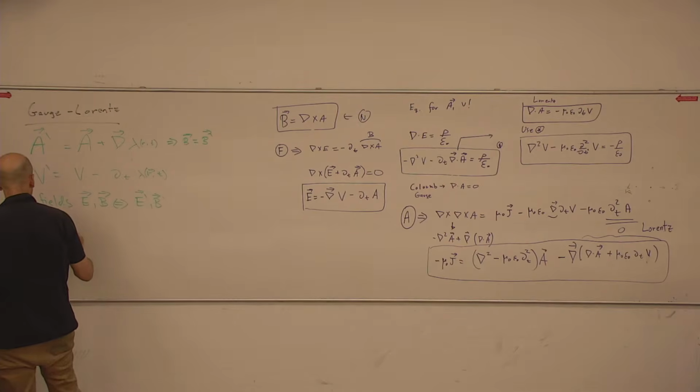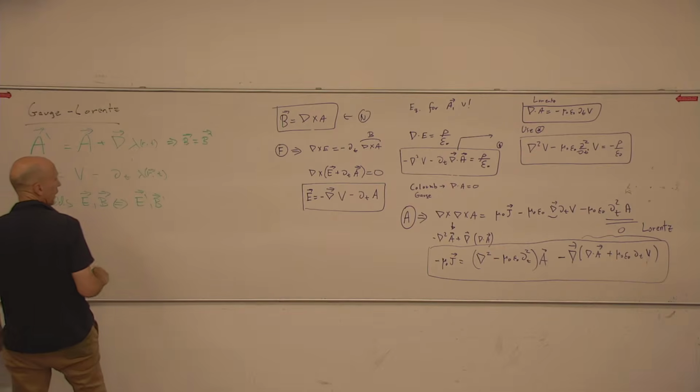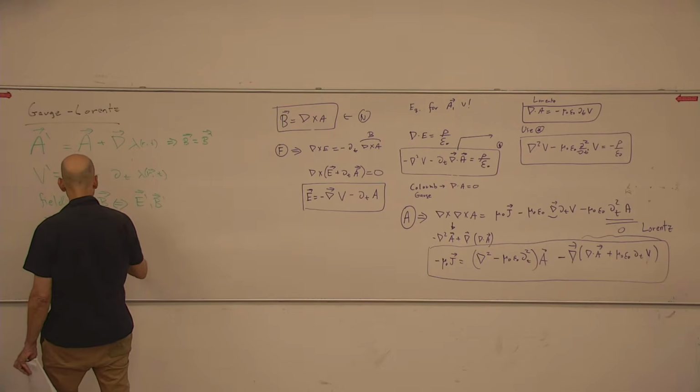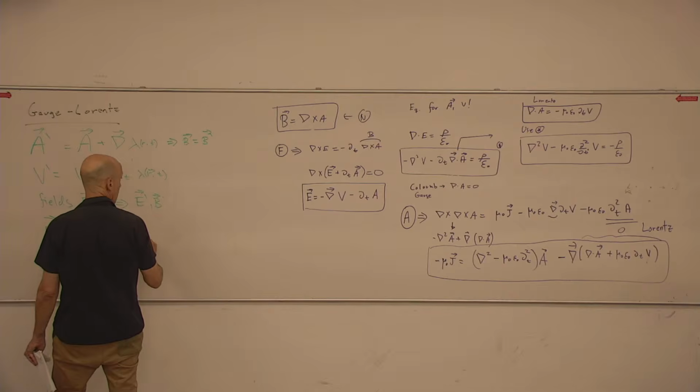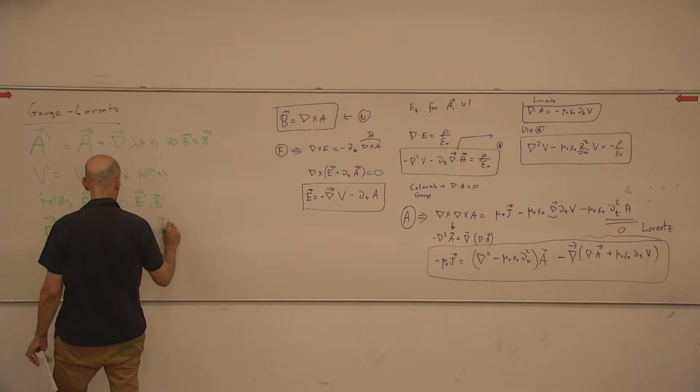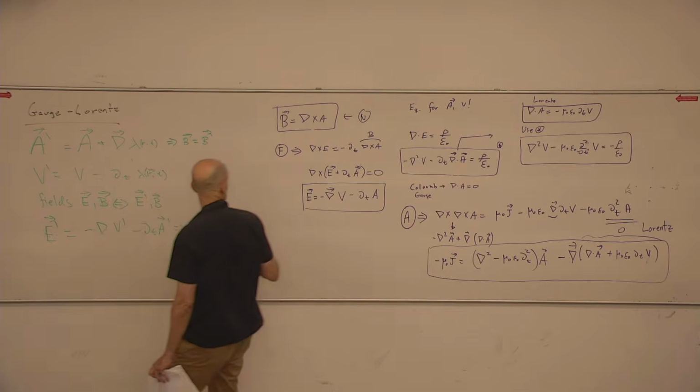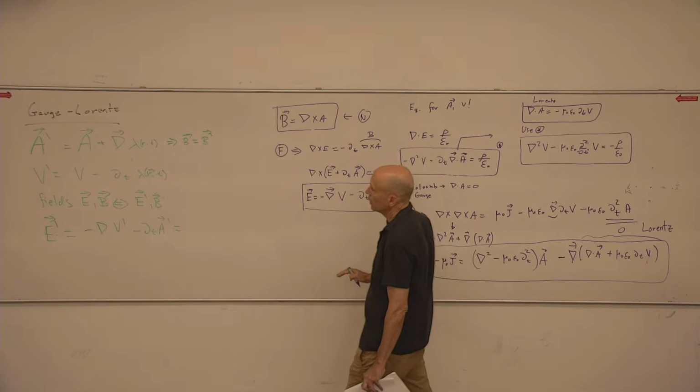Let us do that a bit more slowly. It is minus, by definition, del V prime minus d dt A prime. This is just the definition that I put in here. But what is this?